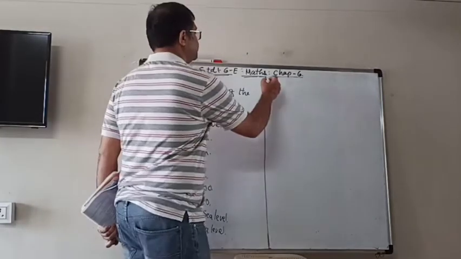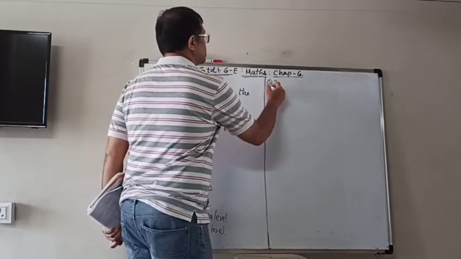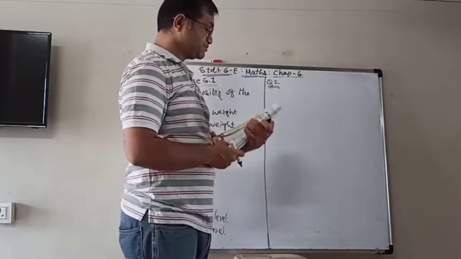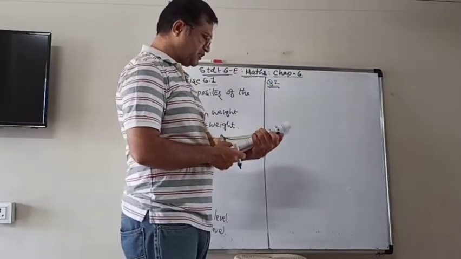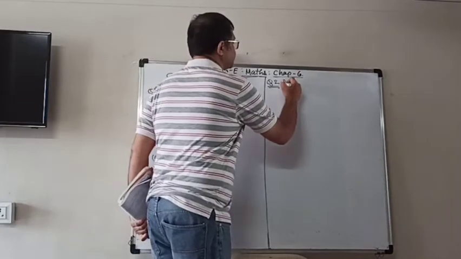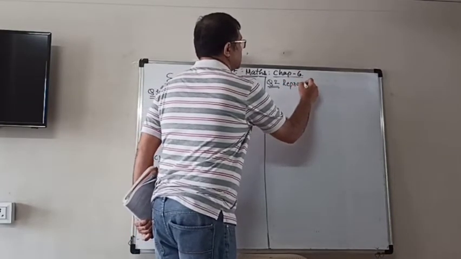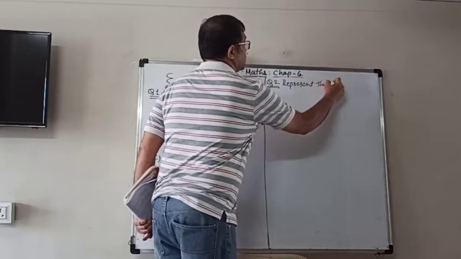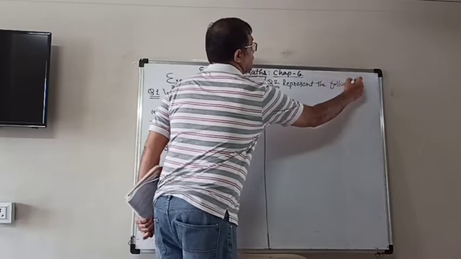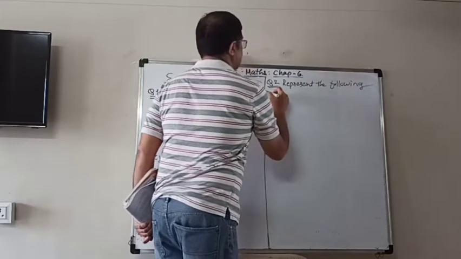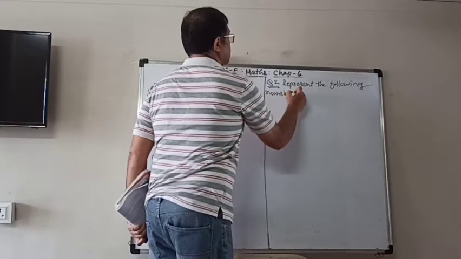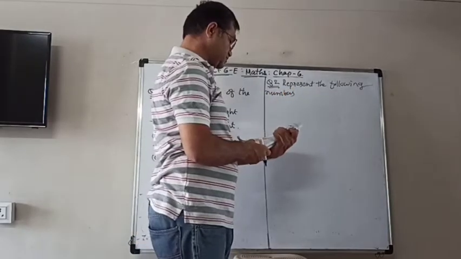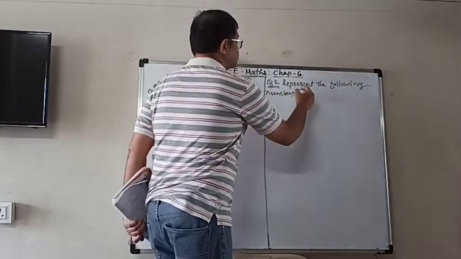Question number 2. What does it say? Represent the following numbers as integers with appropriate signs.